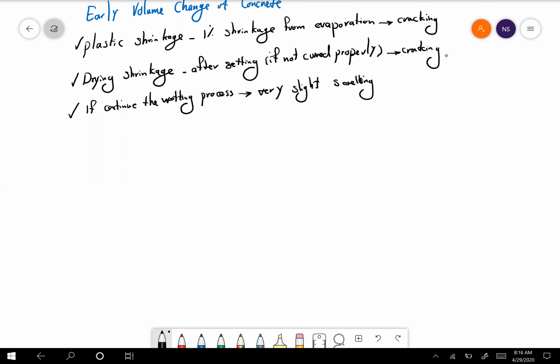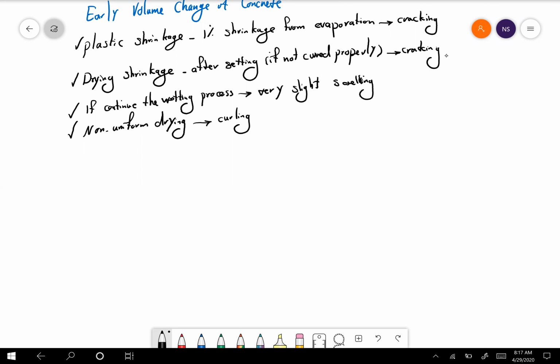And then if you have non-uniform drying, if some parts of the finished concrete are drying faster or are exposed to the environment compared to the other parts of the concrete, you will have something such as curling happening in your concrete.